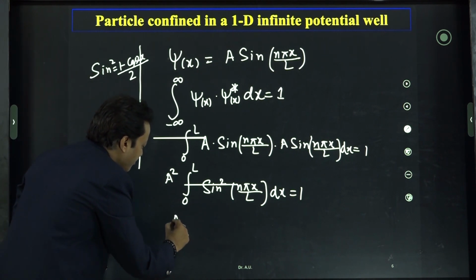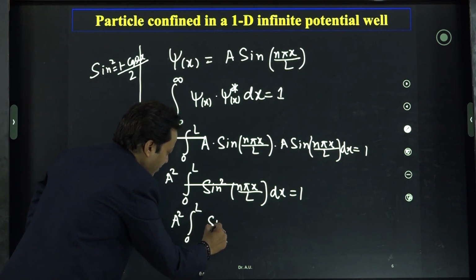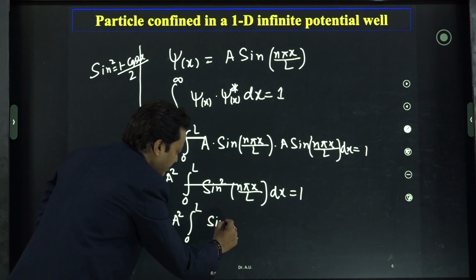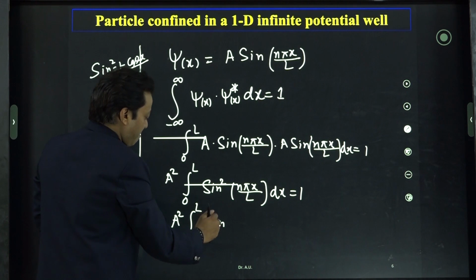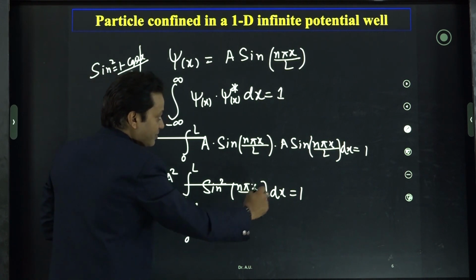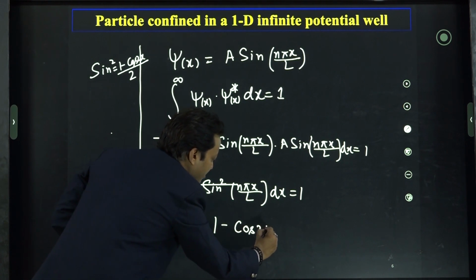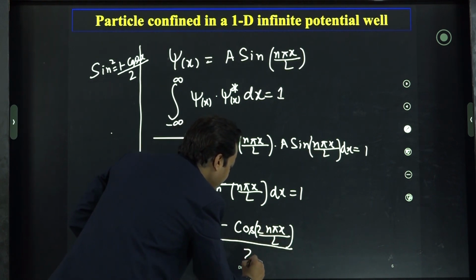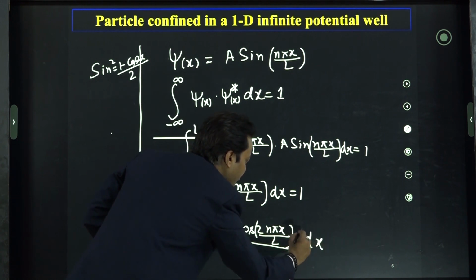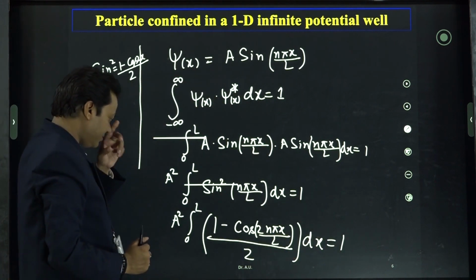So this will become A square, integral 0 to L, of 1 minus cos of 2 times n pi x over L, divided by 2, dx is equal to 1.